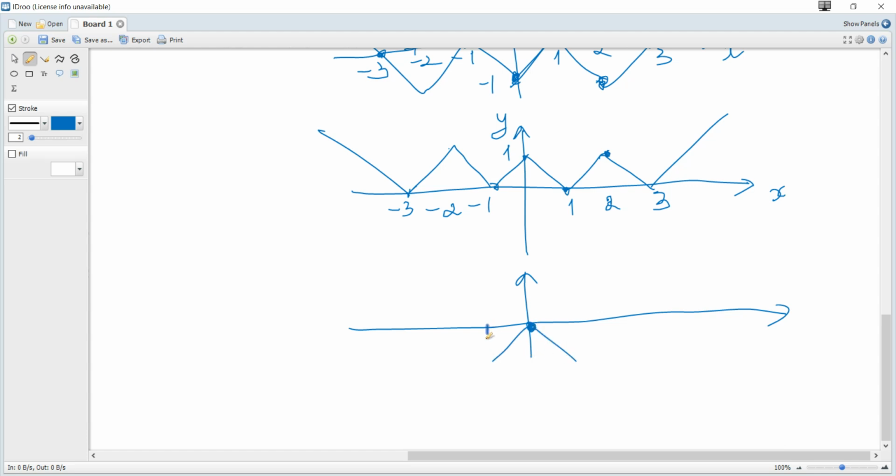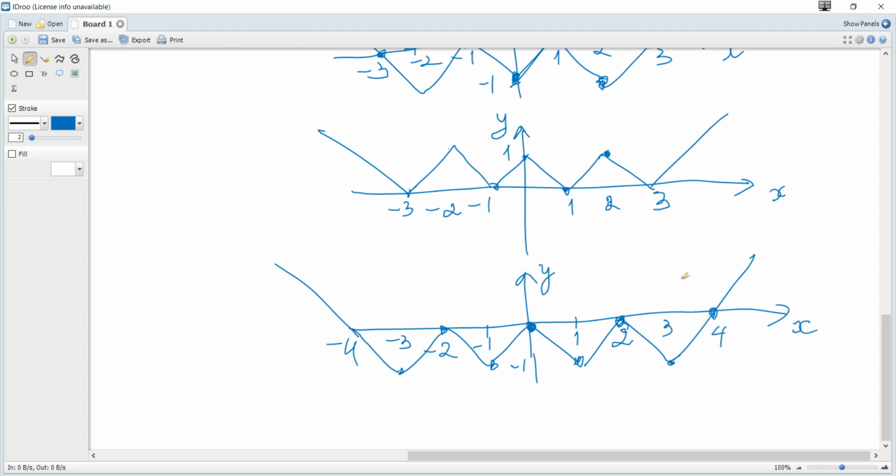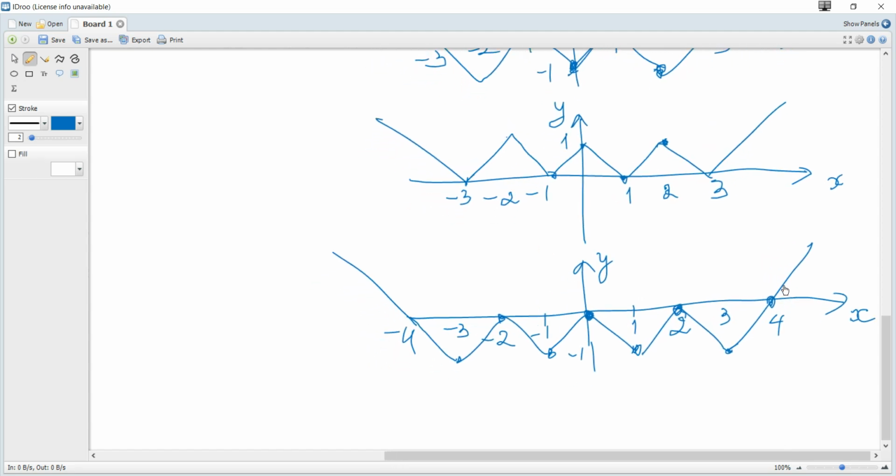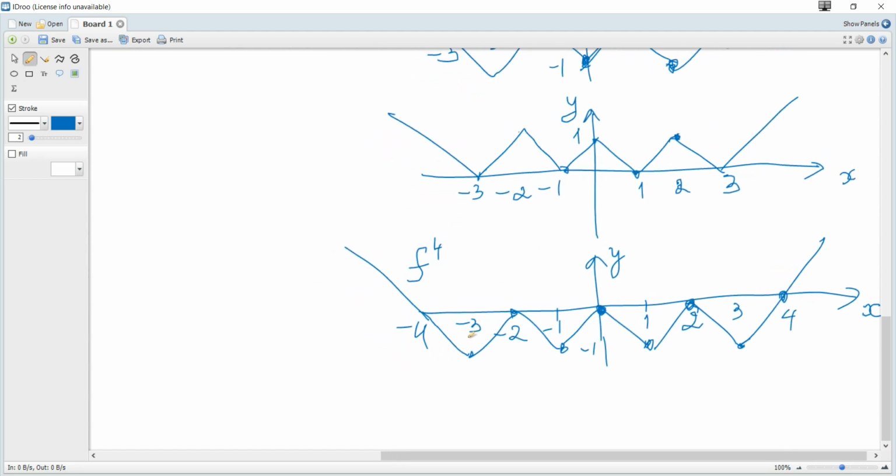0 at -1, 1, y is -1. At 2 we get again 0, at -2, and at 3 it will be -1, and also at -3 it will be -1, and -4 and 4 are also x-intercepts, hence it's F4.